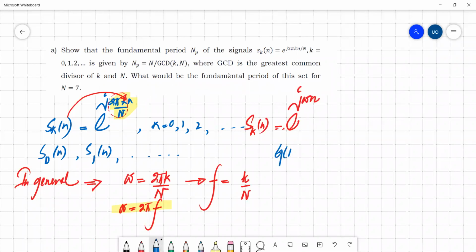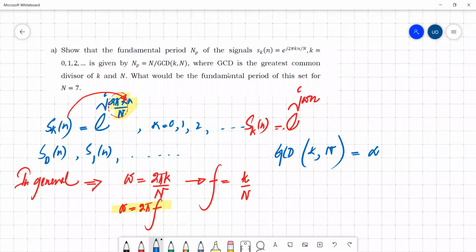GCD of k and N. Let's assume we have a GCD value, the greatest common divisor for both numbers k and N, as alpha.